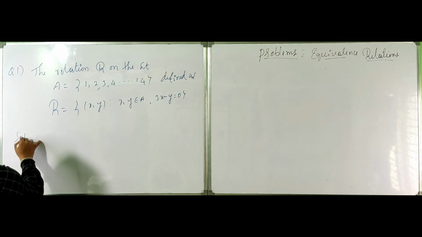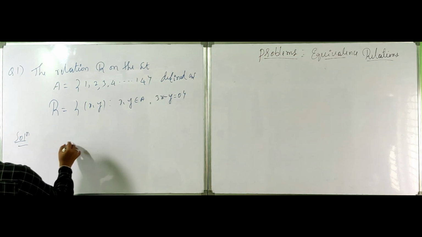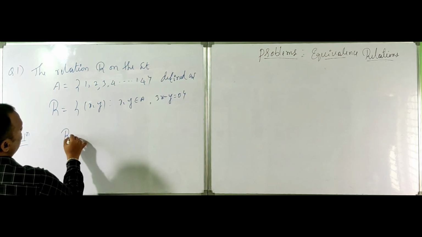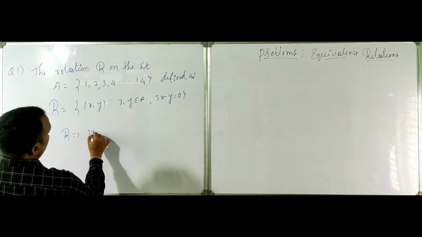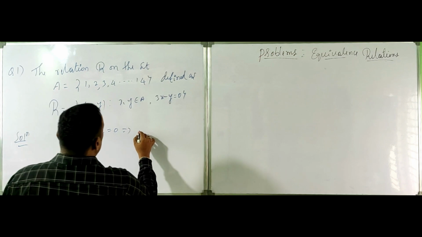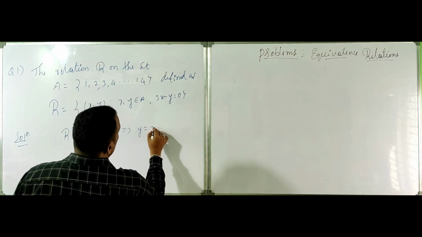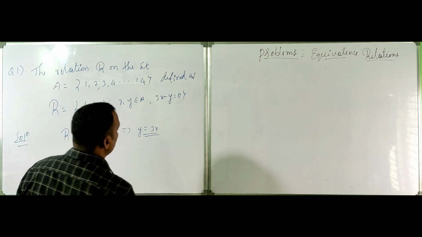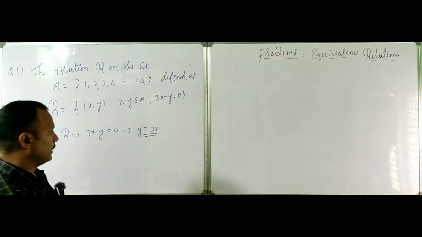Solution: what is R? R is 3X minus Y equal to 0, which implies Y is equal to 3X.